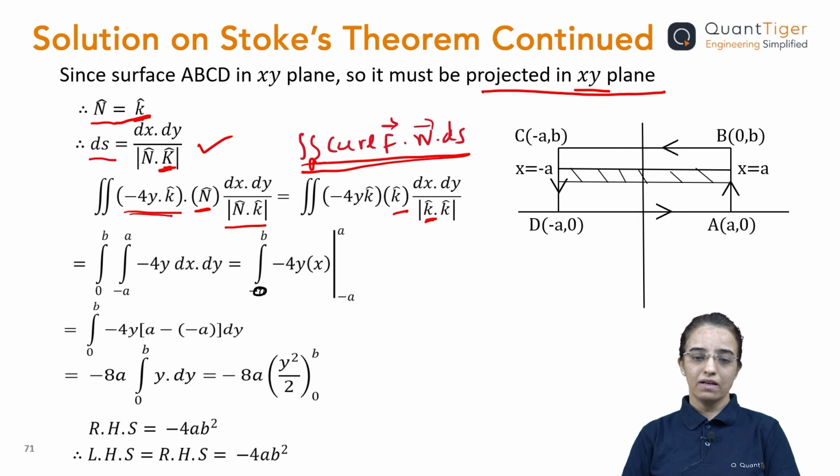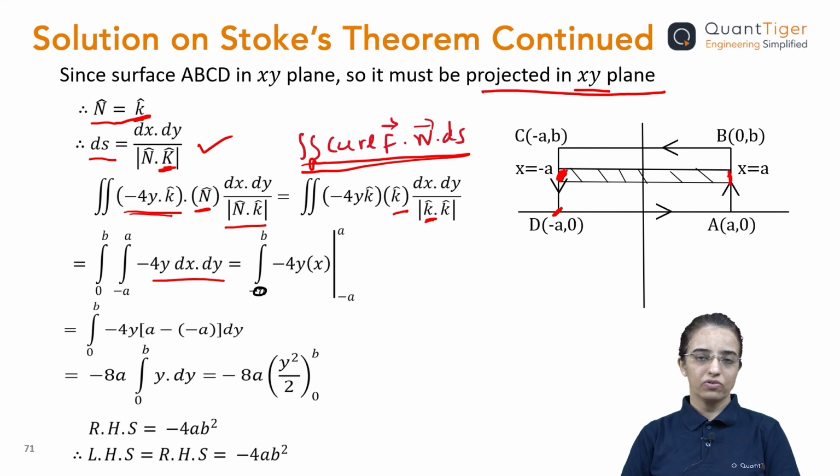Now this k cap we can cancel. So finally we will get minus 4y dx dy, and obviously we have to keep the limits because we have to take a double integration. The value of x you can clearly see. If you take the horizontal strip, on the left hand side it is touching x equal to minus a, and on the right hand side x is equal to a.